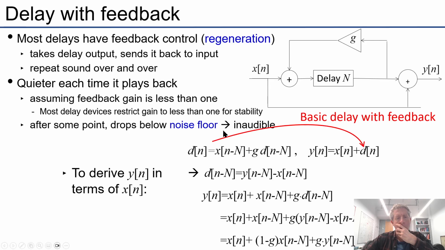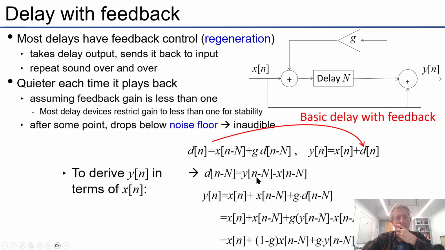So then we have the d of n here, and we put that d of n directly into this d of n. So we simply replace the delayed input that gets summed with the original with our known form for it right here.